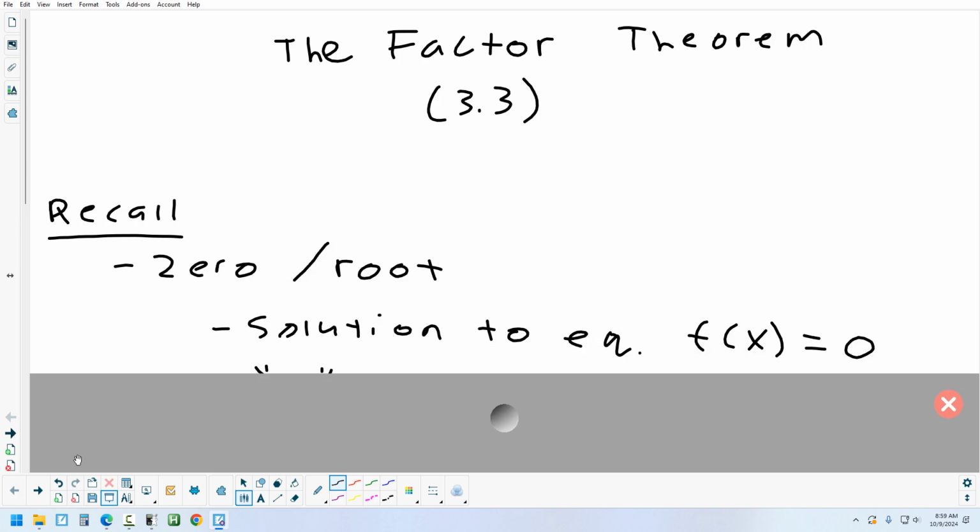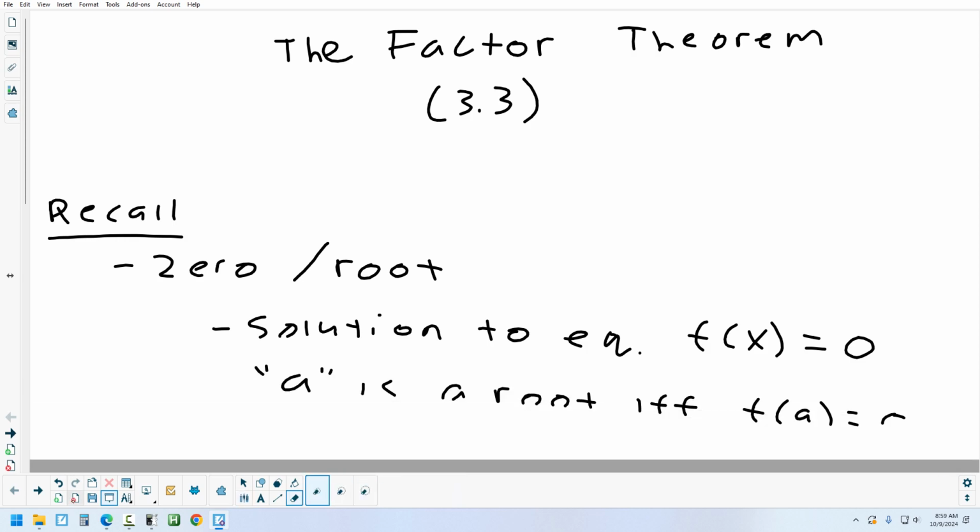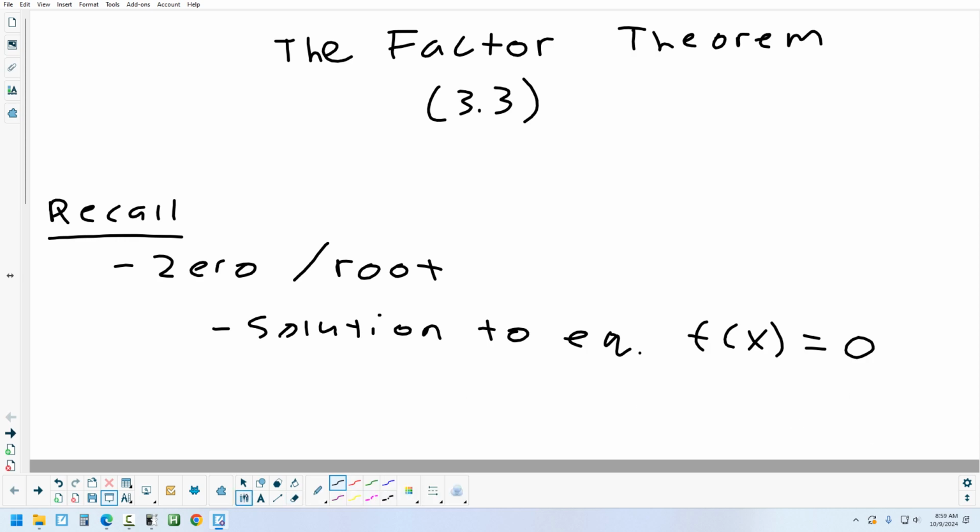If I say the word 0 or I say the word root, then that means it's a number that you can plug into an equation and you get 0 as the answer. So for example, y equals 2x plus 6.